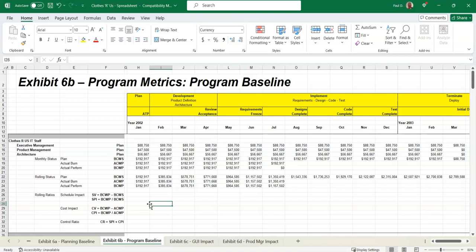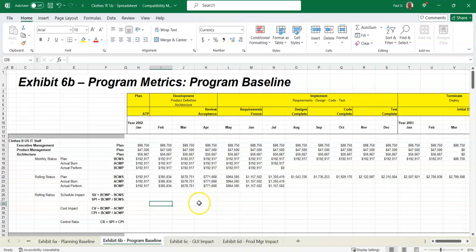But on a successful project, these planned numbers would stay the same throughout, and you would just be tracking monthly status, rolling status, and rolling EVM calculations down here.